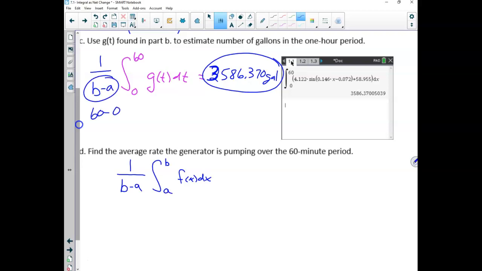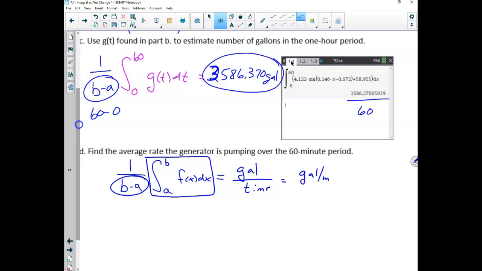So if I took this answer and divided it by 60, that's going to give me the average rate per minute. Remember, this integral right here is going to output gallons. And if I divide that by my time, I'm going to get gallons per minute.